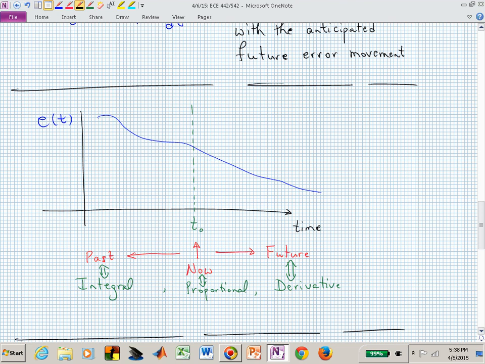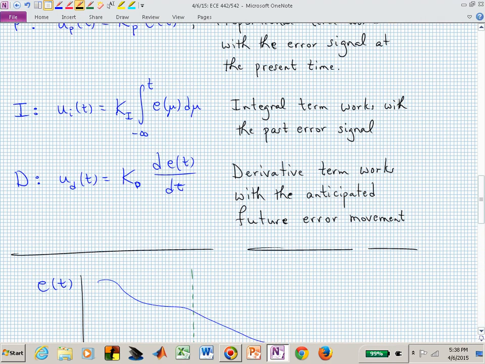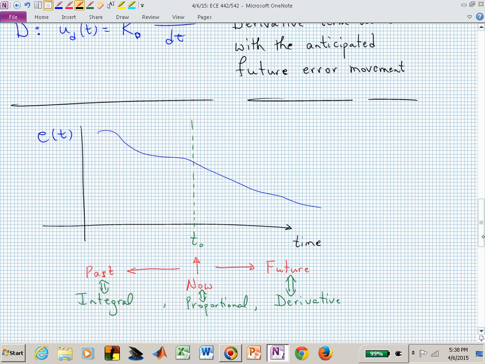The integral is looking at what the error was before now, and it has integrated all of that error information from minus infinity all the way up to the current time t. That's the integral piece. The derivative piece is, you can calculate the derivative of the error at the present time, and that tells you in what direction you are headed.